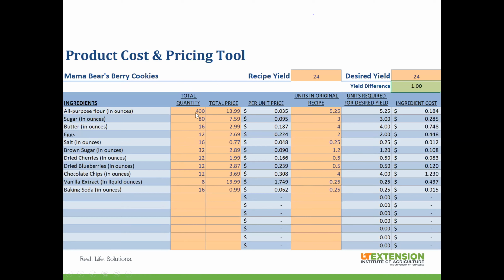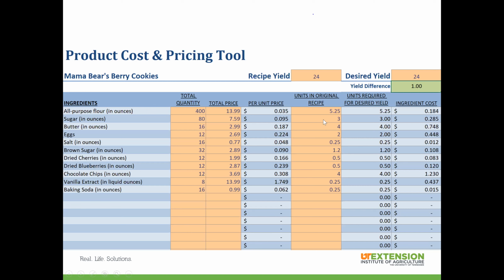All of the other ingredients are in ounces, and we've got the vanilla extract in liquid ounces. So we've converted everything to what we're calling weight measurements, and our prices are listed accordingly.